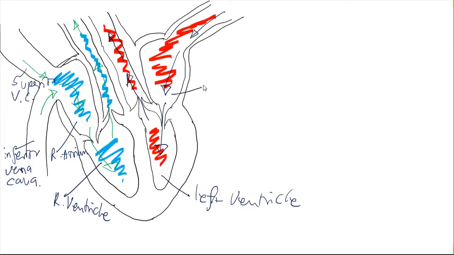We have the left atrium. This will be the aorta. Then pulmonary artery. Right. So how do we navigate our way through this?